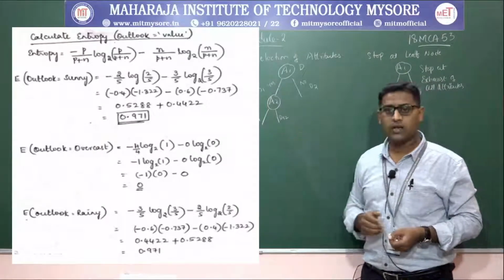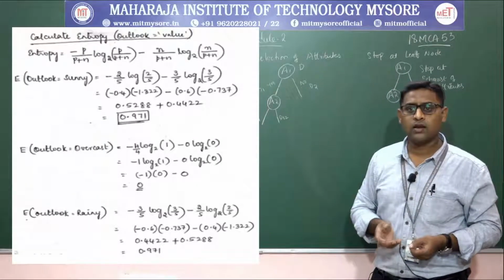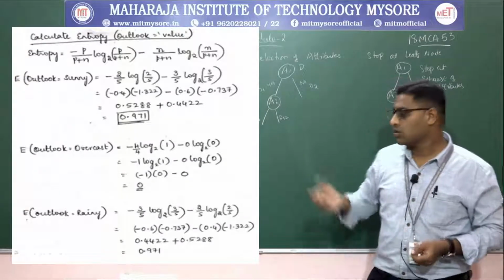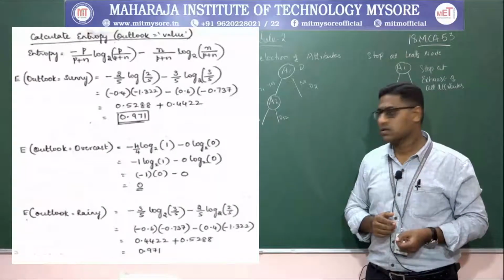When you find the log of 1 with your calculator, it is 0. So the entropy value for overcast will be 0.